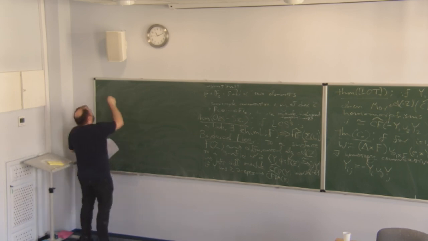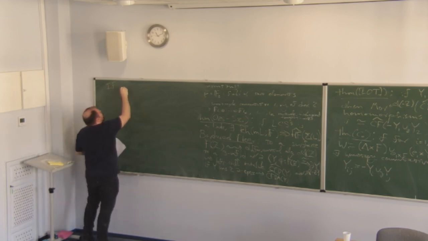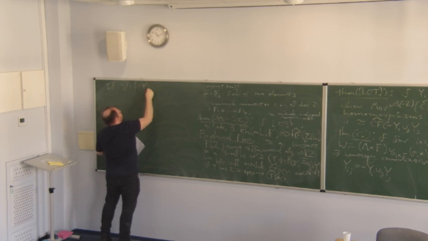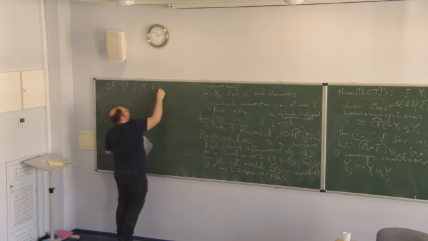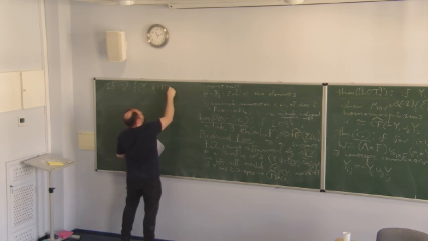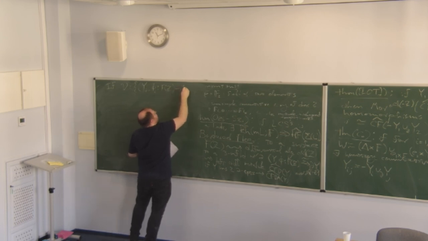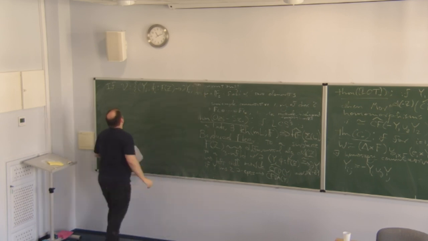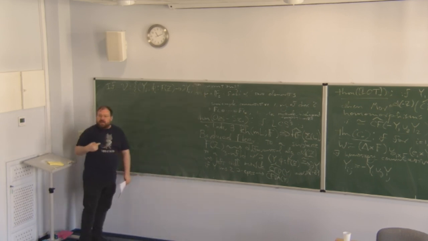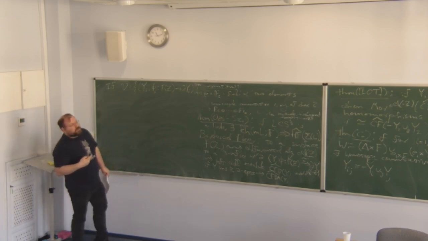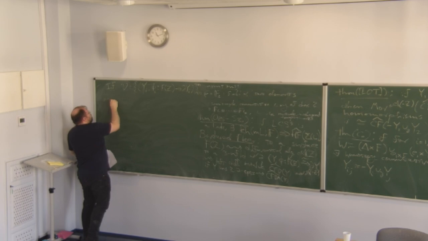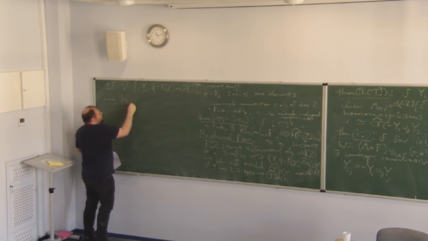If I have some collection nu of bordered three manifolds Yi, phi i, where these phi i are parametrizations of the boundary of Yi all by the same surface, this is some finite collection, i goes from 1 to n, I can define an algebra using the differential modules associated to each Yi, which I call H nu.